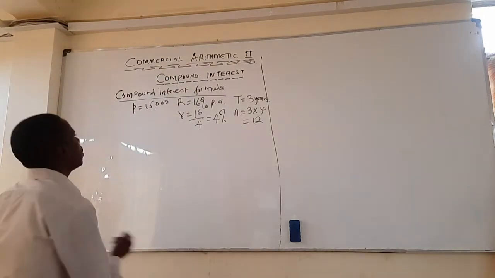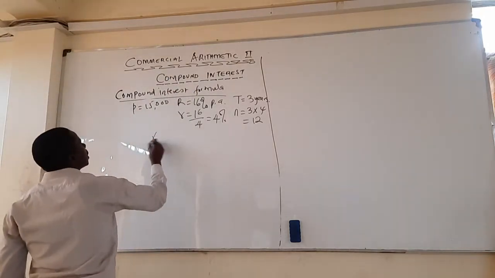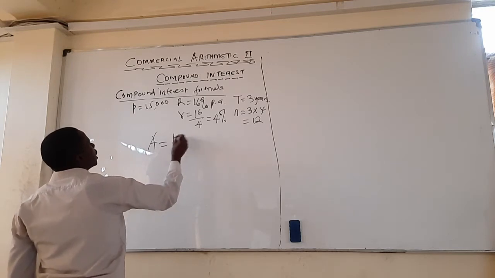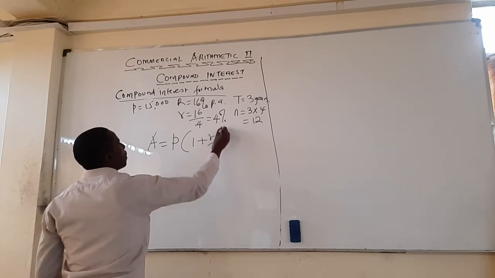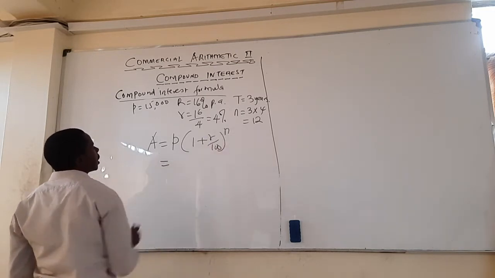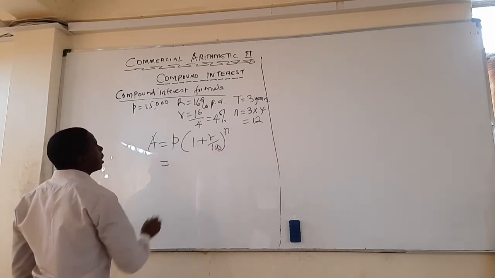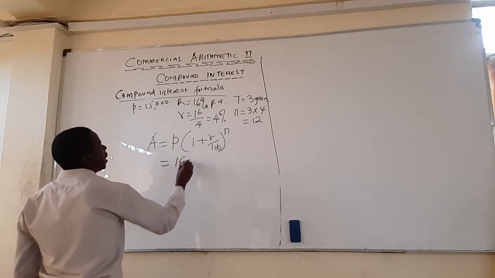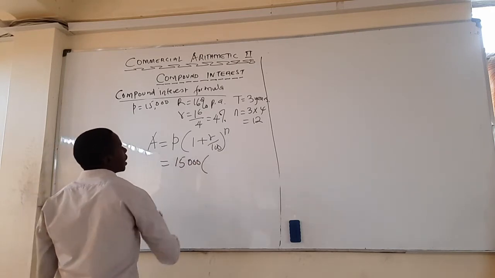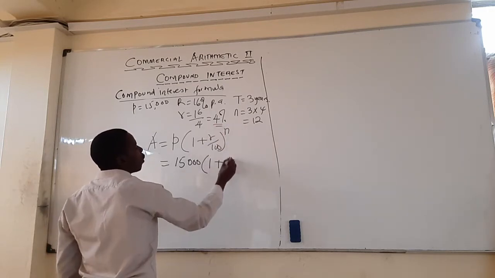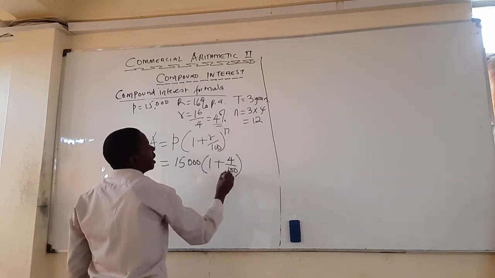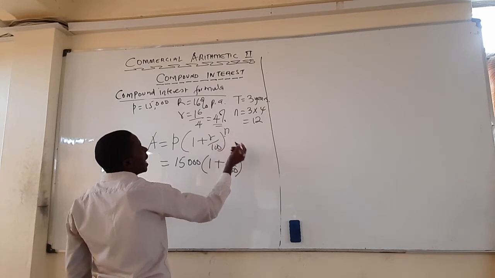We apply the formula. Amount is given by principal in the bracket 1 plus r over 100 power n, and in this case our principal here is 15,000 into bracket 1 plus rate per period, 4 over 100, power n.